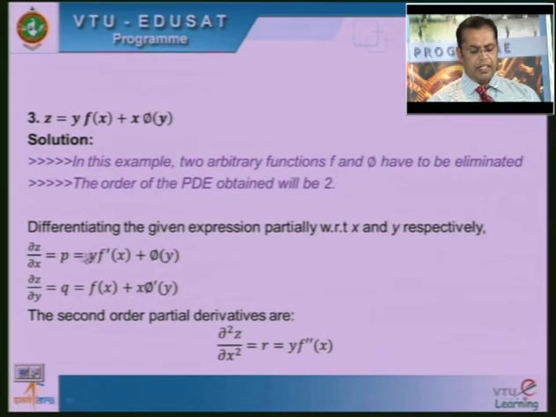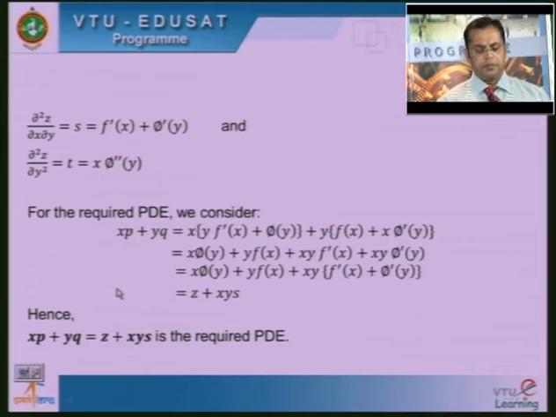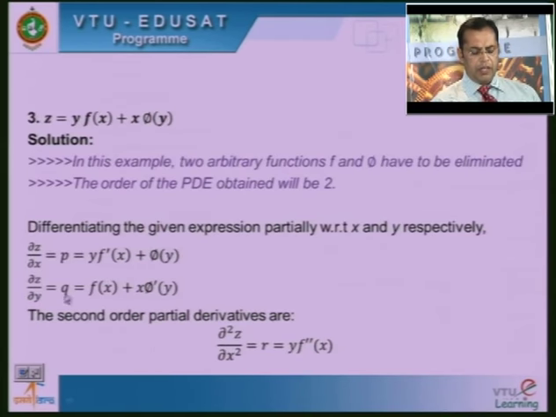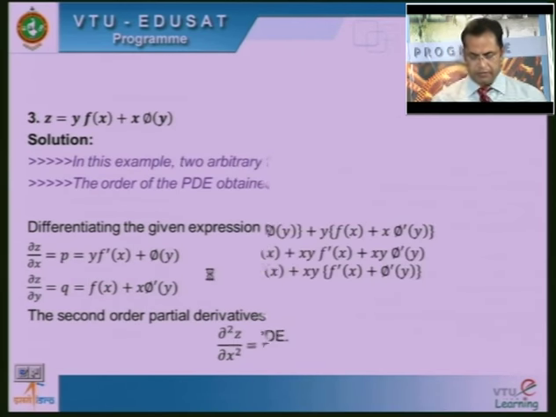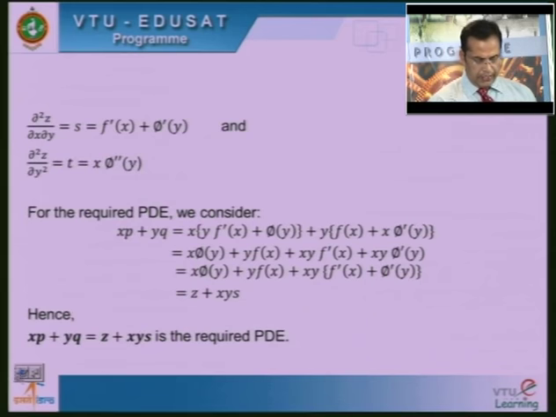So, you get xy f dash x plus x phi of y. Take q, multiply it with y on both sides. That gives you q into y equal to y f of x plus xy phi dash of y, that you can see written here.